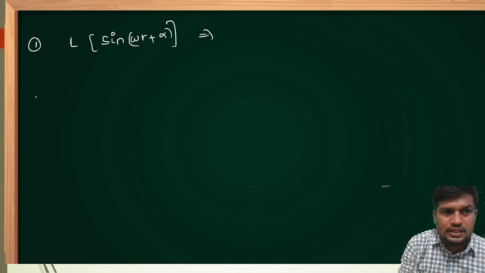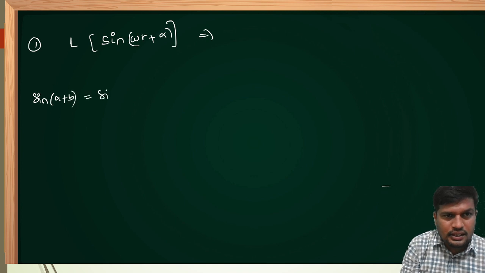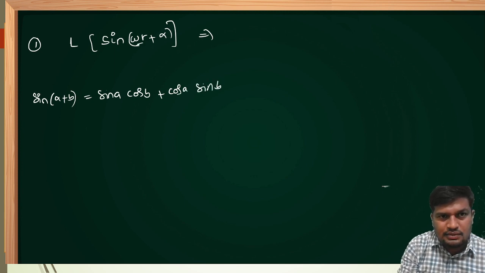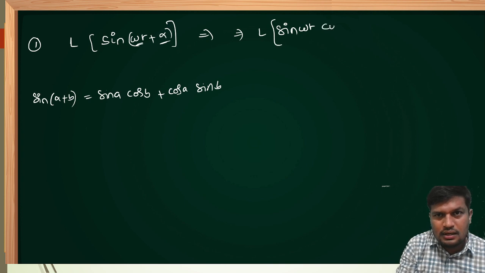We know sin of (A plus B). What is the formula? Sin A cos B plus cos A sin B. Same here. In place of A it is omega t, in place of B it is alpha. Laplace of sin omega t cos alpha plus cos omega t sin alpha.